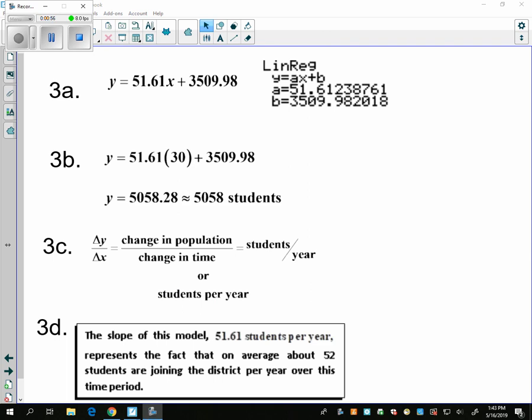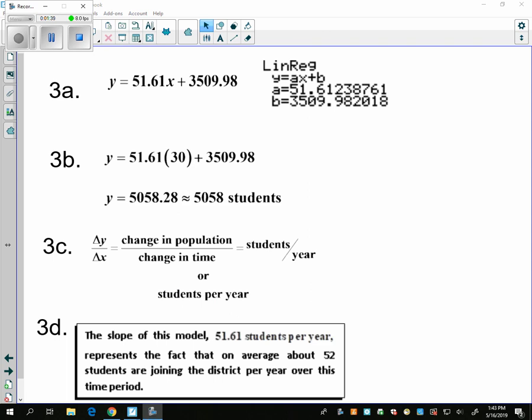Then it said 2020. Number 3 was the practice problems, and then it said you had to predict for 2020.